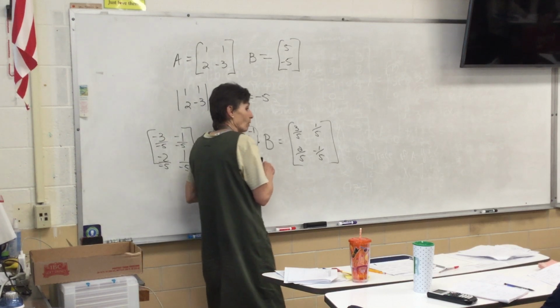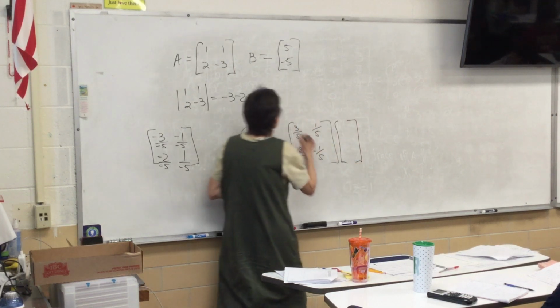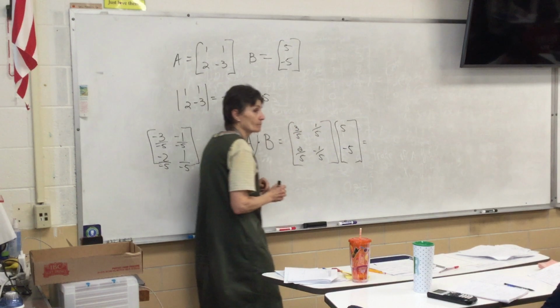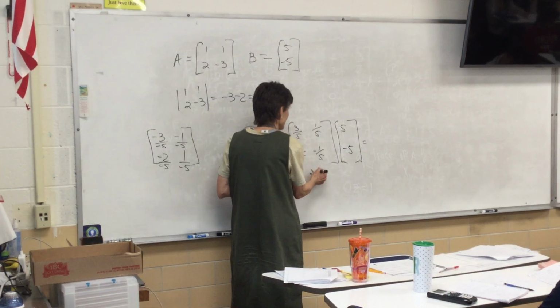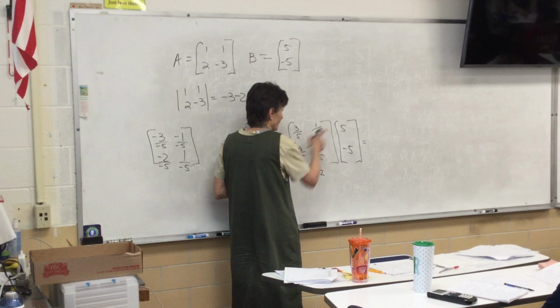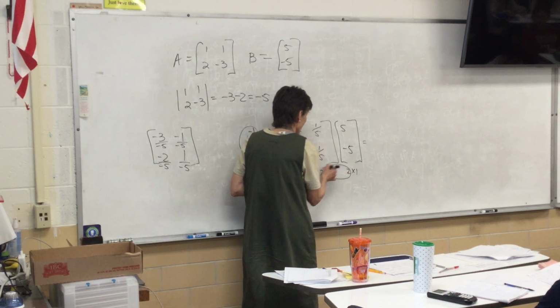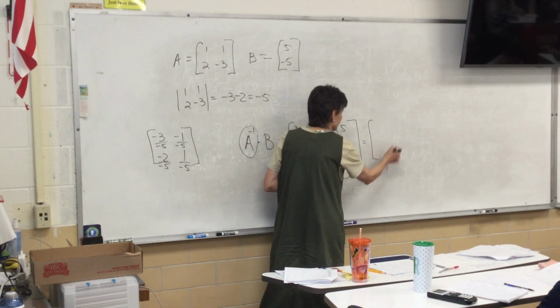Okay, now, that's A inverse, so I need to multiply it times B. So remember, this is a 2 by 2. This is a 2 by 1. So when I multiply them, I'm going to get another 2 by 1.